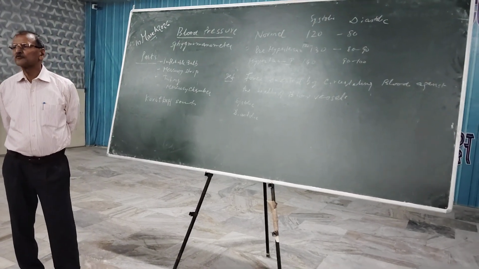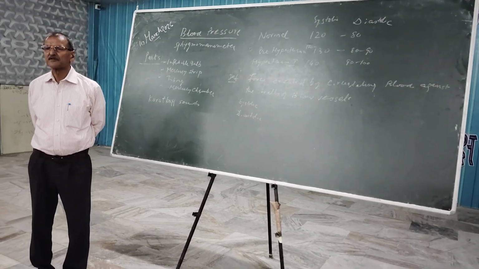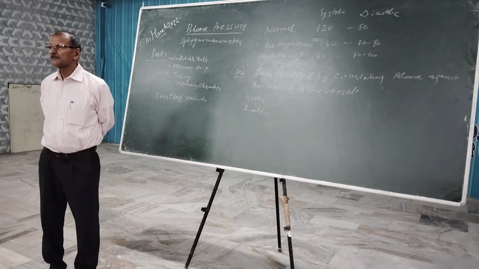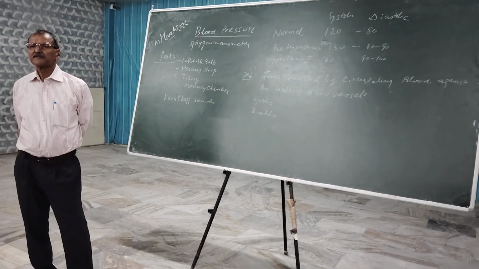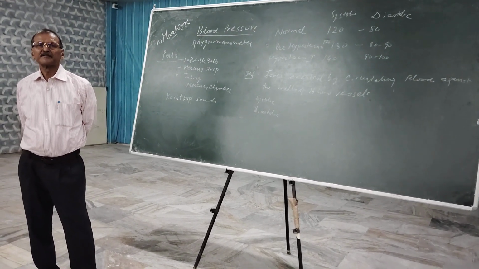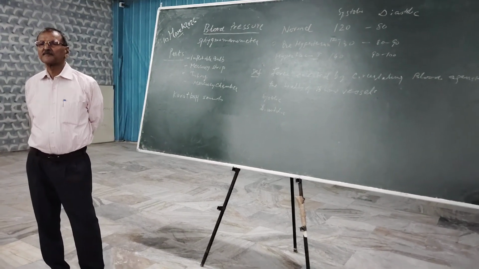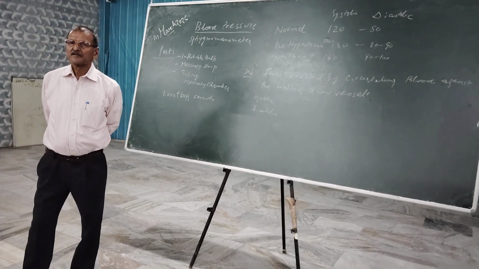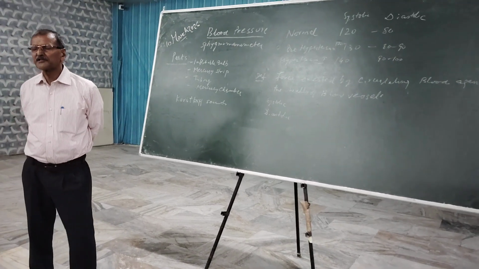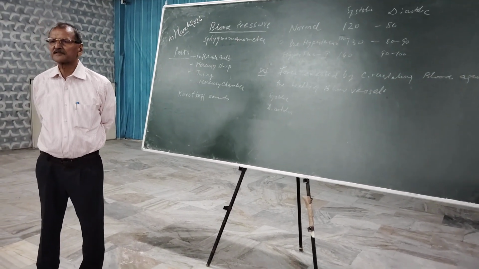So it is of two types. Blood pressure can be systolic and diastolic. Systolic is the force exerted by the blood against the walls of the blood vessels during the systole. What is systole?